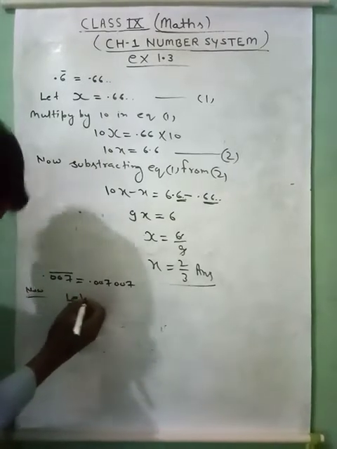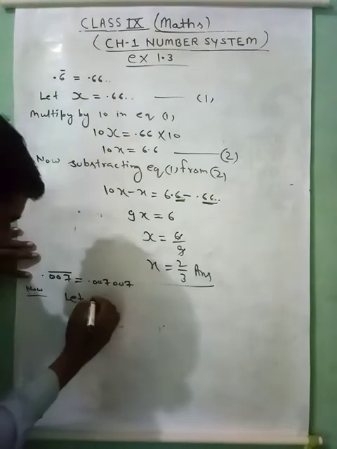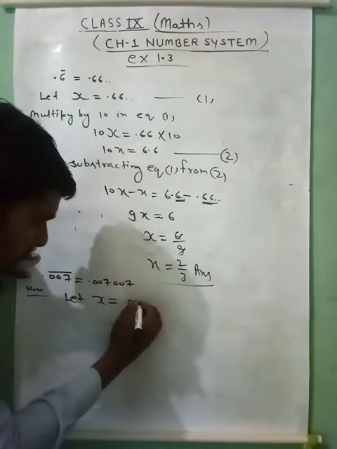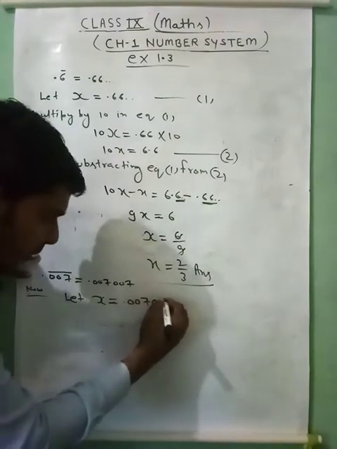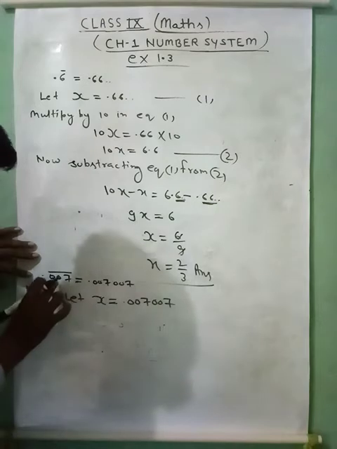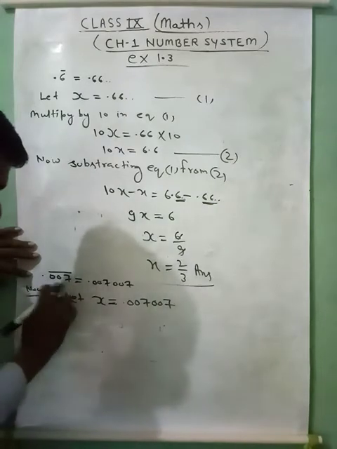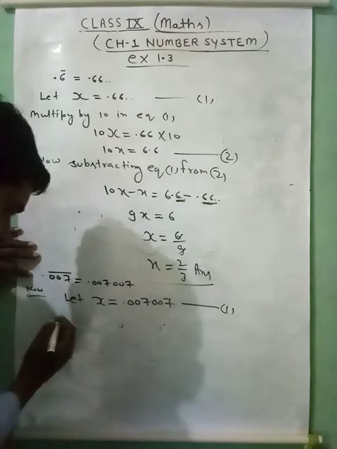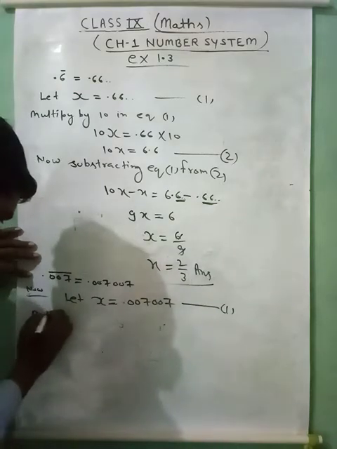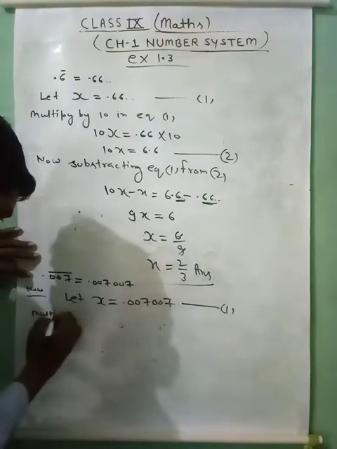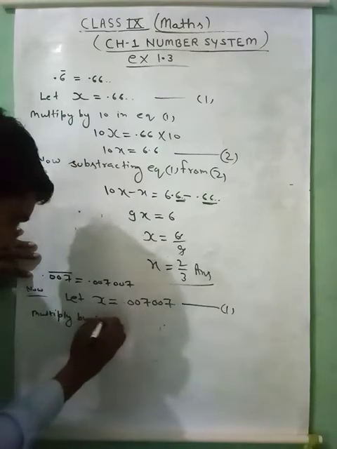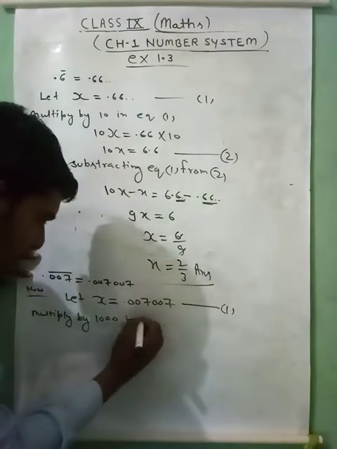Now let x is equal to 0.007007. We see here 3 digits are repeating. So in this equation we have to multiply by 1000 on both sides.